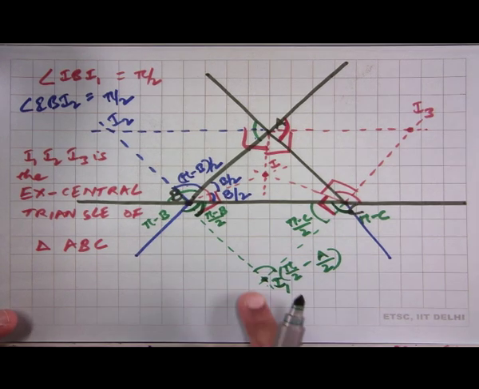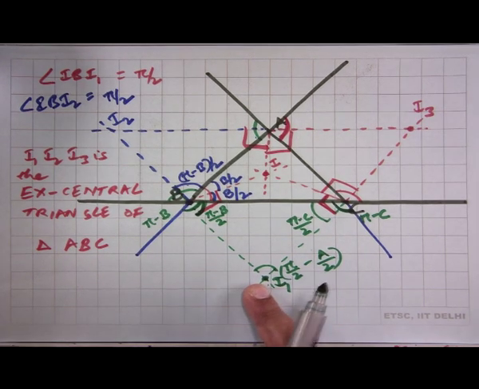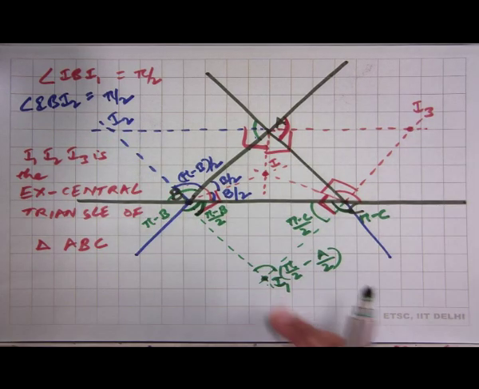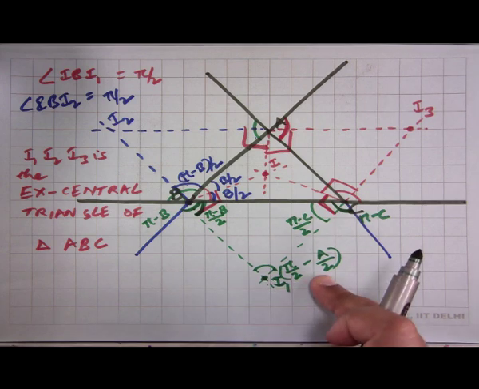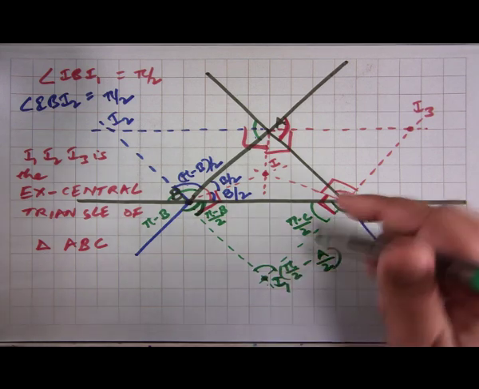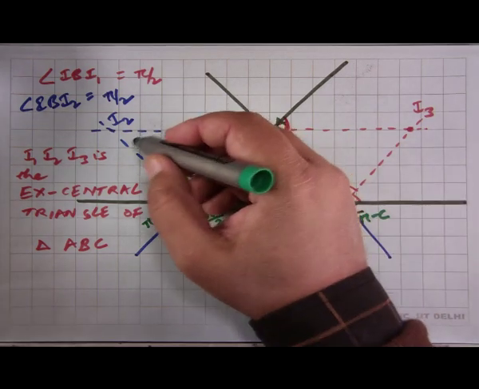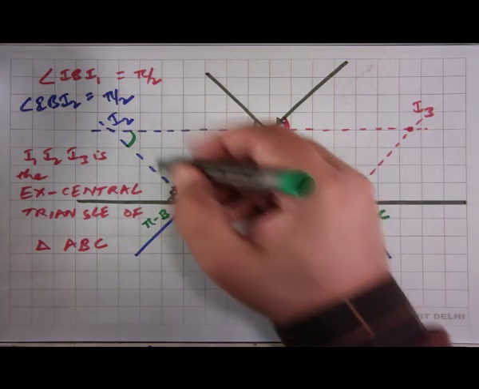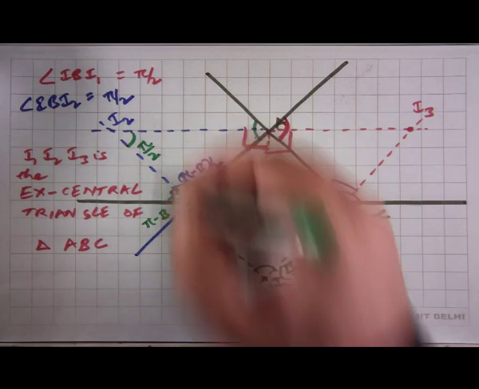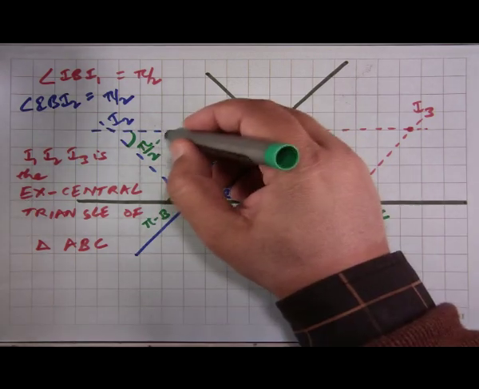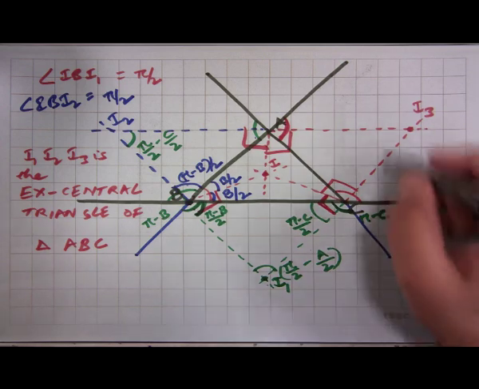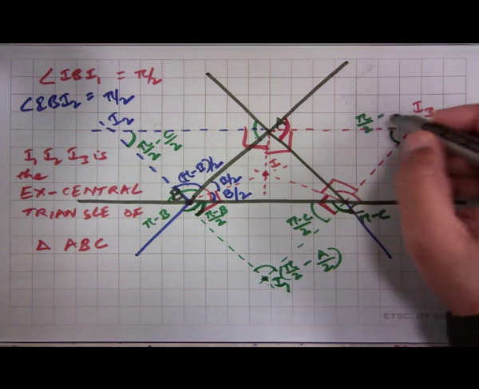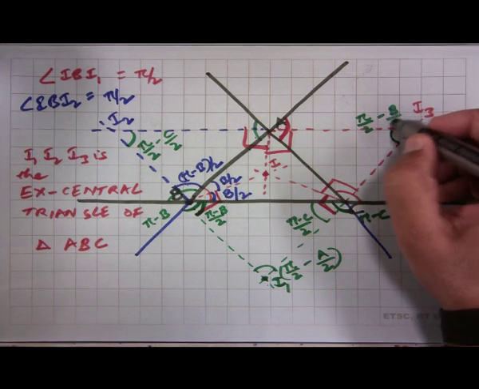So, we have found the measure of the angle I2 I1 I3 of the excentral triangle to be equal to pi by 2 minus a by 2. And in a similar manner, we can show that this second angle of the excentral triangle is pi by 2 minus c by 2, and this third angle is pi by 2 minus b over 2.